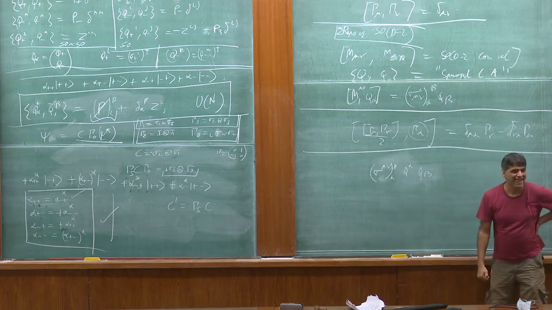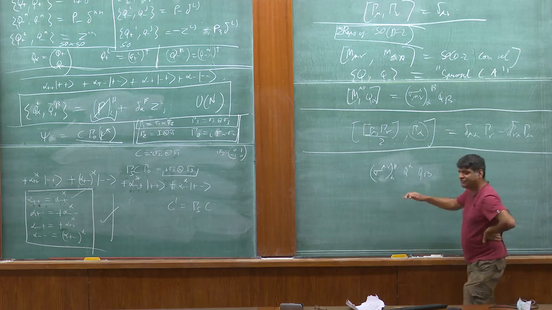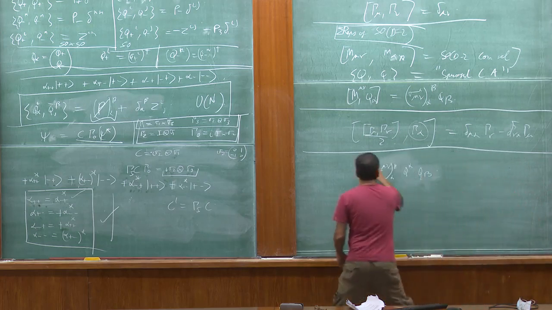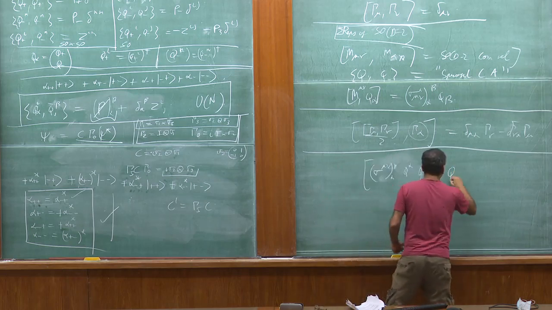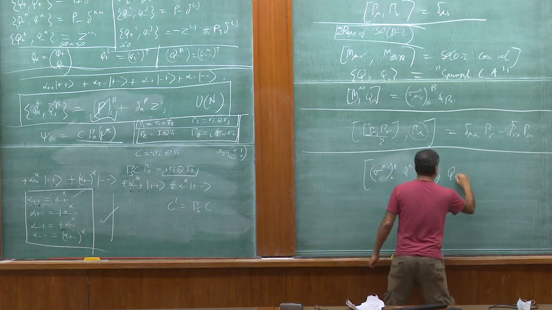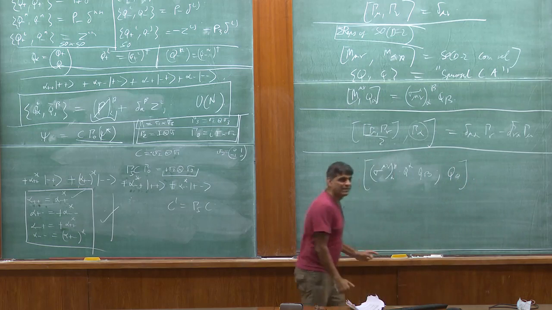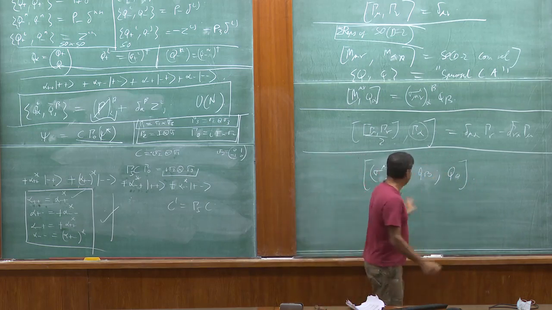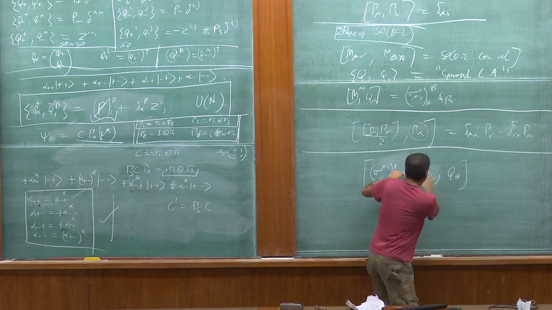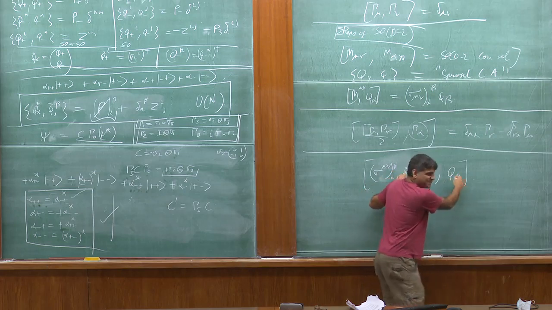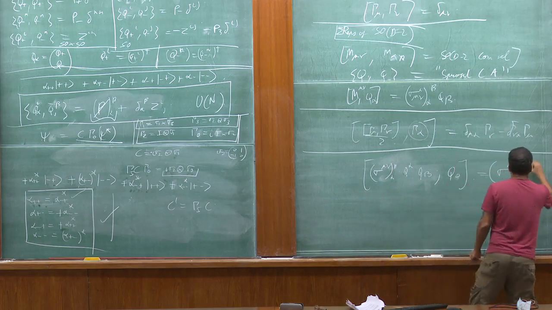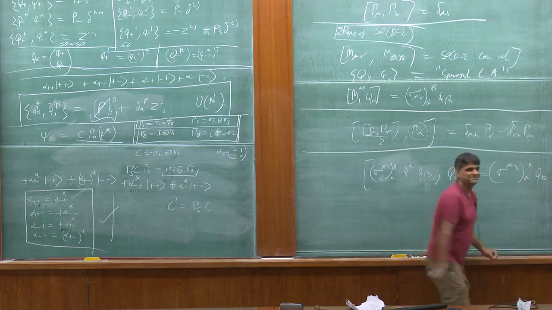All these are pluses. This is all SO(D-2) now. Now if I take this and do Q theta, roughly speaking, because you will contract one of these with this, what this will give you is sigma mu nu alpha beta Q beta.